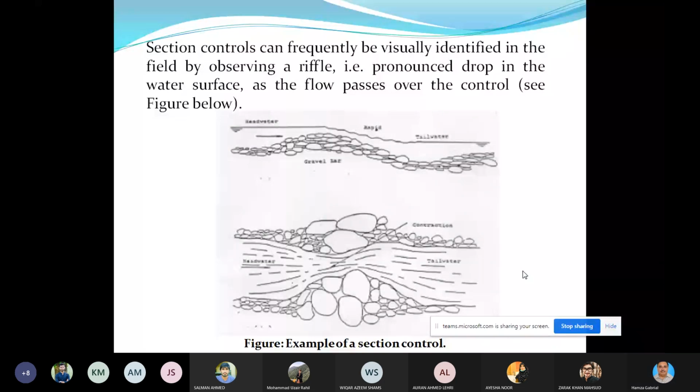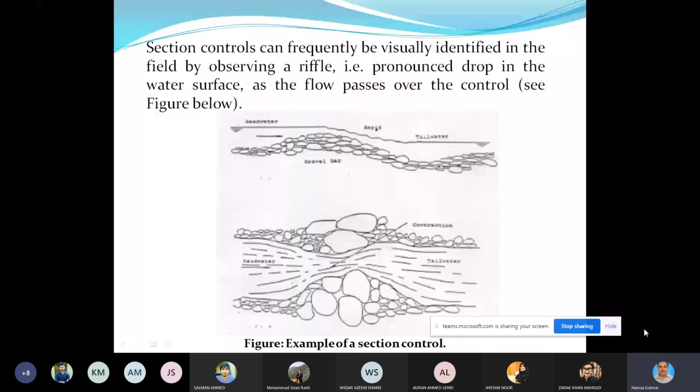You can see the example of a section control in the figure given at the bottom. Just the fall where you see water falling down through a pronounced drop, and you will hear the water falling noise also. So you can visualize it with the naked eye.